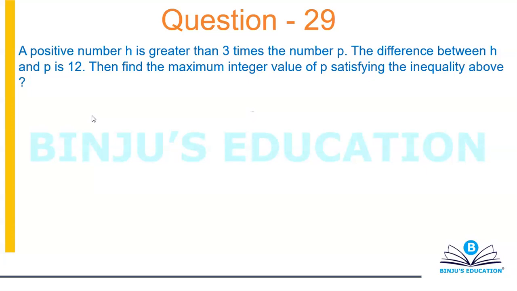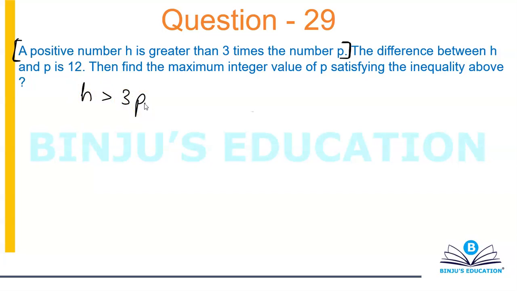Okay, and try to convert words into equations, or words into inequalities in this case. That will help you a lot. Okay, so I'm going to go statement by statement. A positive number h is greater than 3 times the number p. Okay, so h is greater than 3 times p.